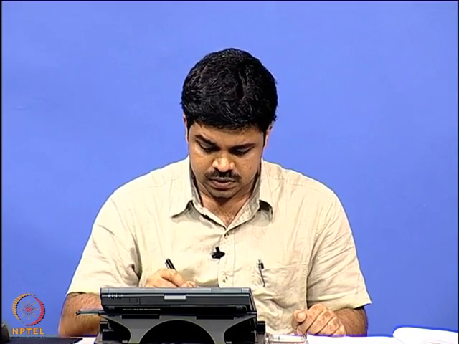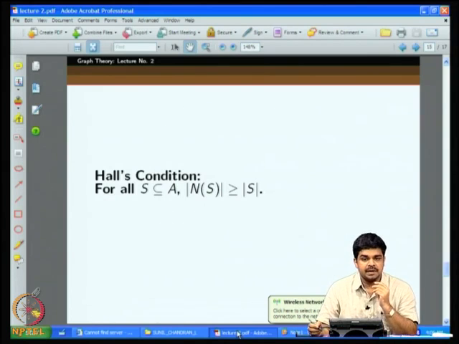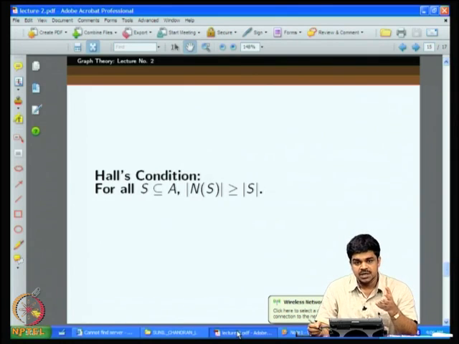In a bipartite graph with one of the parts being A and the other part being B, when can I say that there exists a matching which matches all the vertices of A?